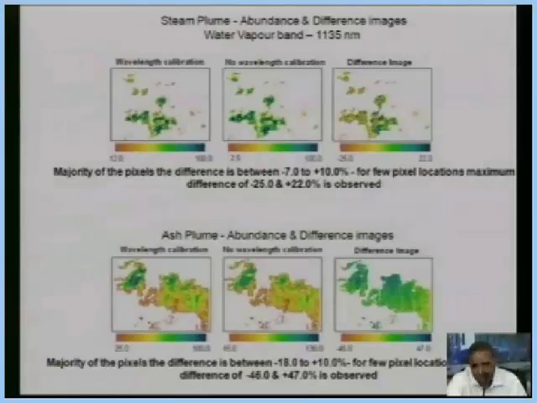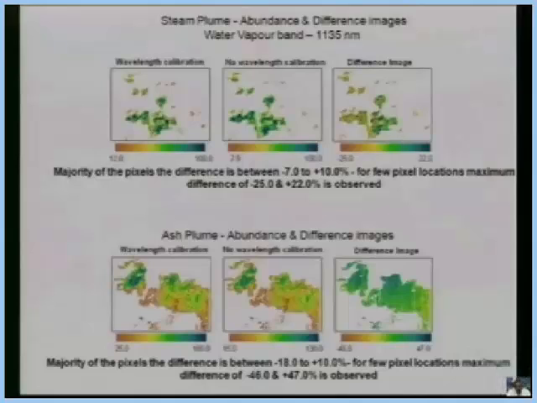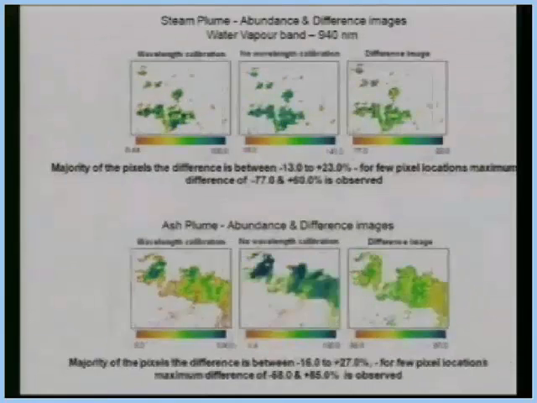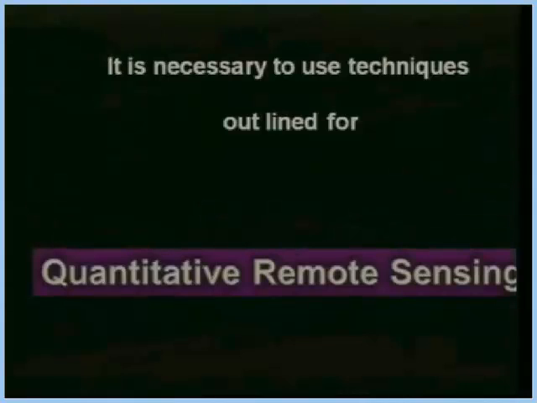This example I am only highlighting to say that, given your geographic location, the type of climate and the time of the year at which the image has been acquired, proper choosing of the parameters is necessary to arrive at useful and realistic abundance maps. And some of the techniques outlined in the last few slides are necessary for conducting quantitative remote sensing application.